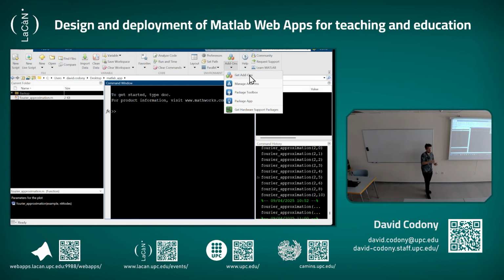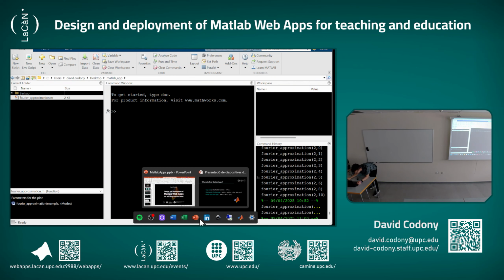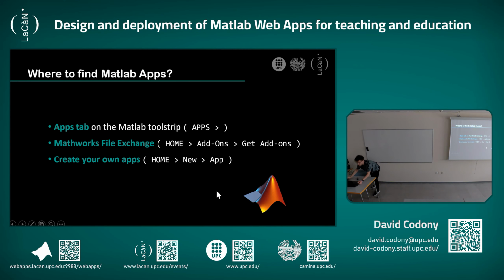Some of them are Matlab apps. So if you want to design an app for Fourier series, maybe some other Matlab user has already done that, and you can use that right away. Otherwise, the last option listed in here is to create your own app, which we will see also today.